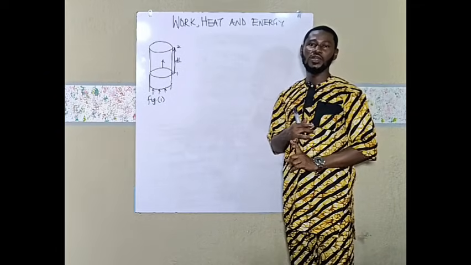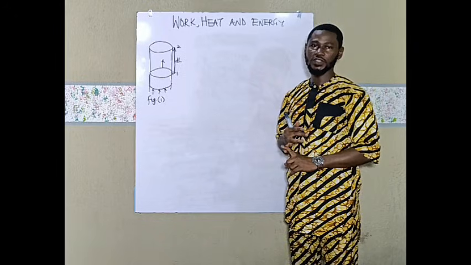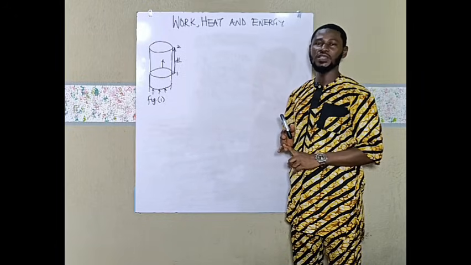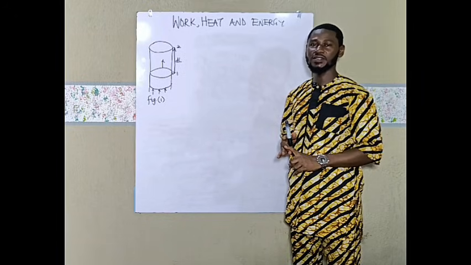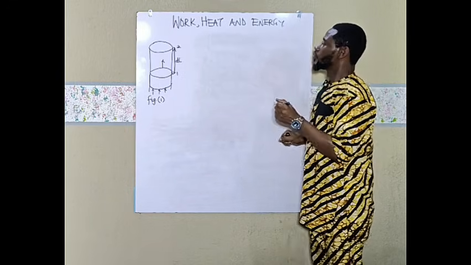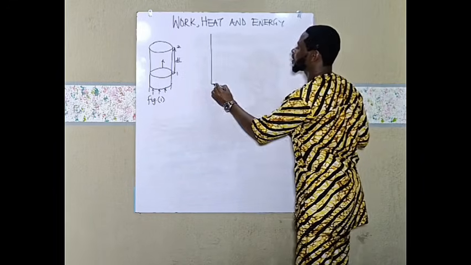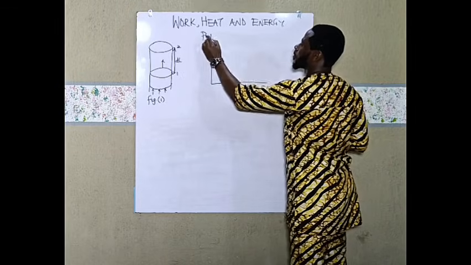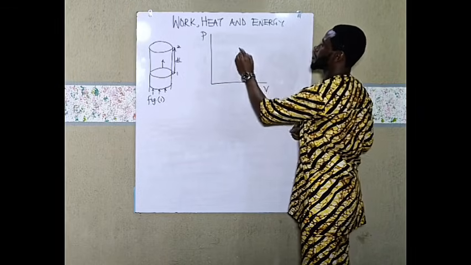The PV diagram for an isothermal process, isochoric process, and isobaric process can be represented in a single PV diagram, which is as shown here.